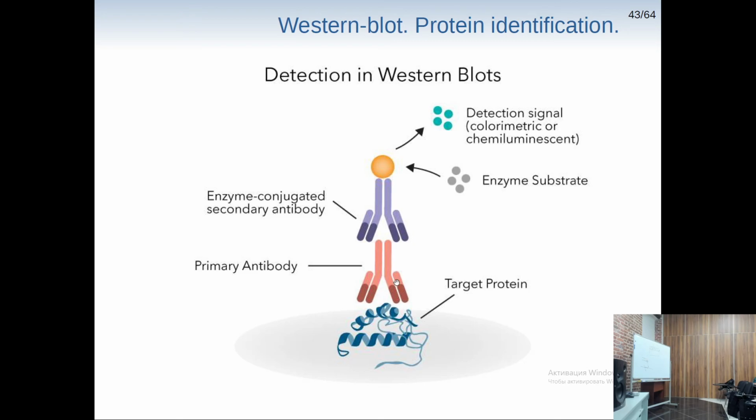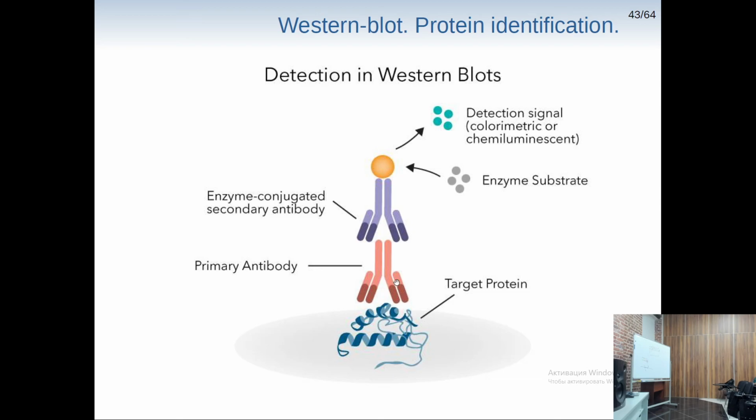And what we would need for our Western blot, we would need also some way to detect bound antibodies, because antibodies are colorless and we need somehow to make them visible. It is possible to conjugate them with, for instance, some enzyme like horseradish peroxidase.